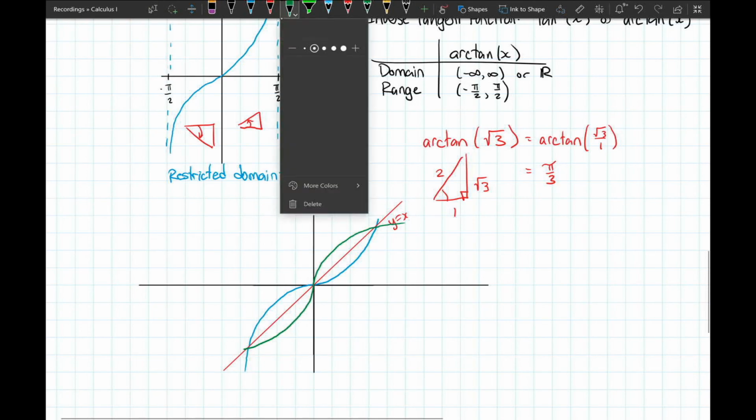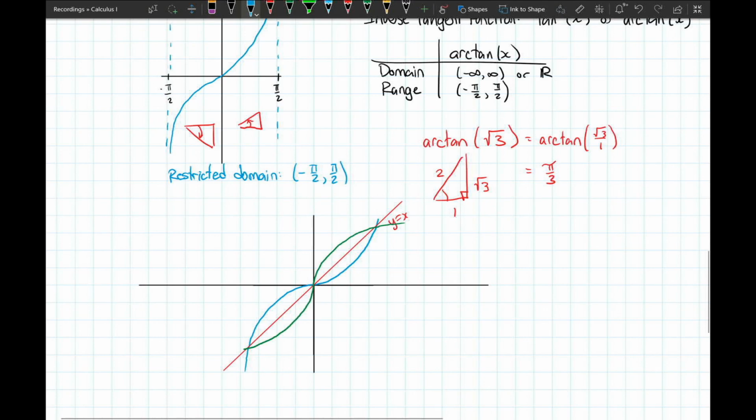Now, remember that the blue graph has asymptotes at pi/2, and another asymptote here at -pi/2. So now this new graph is actually going to get closer and closer to, well, we'll see this later here, a horizontal asymptote of pi/2. It's going to get flatter and flatter as we go, and it's going to go out to -infinity out the left-hand side and get closer and closer to -pi/2 for its y value.